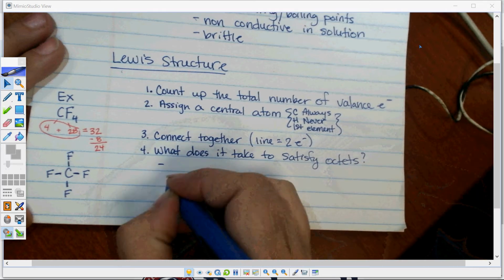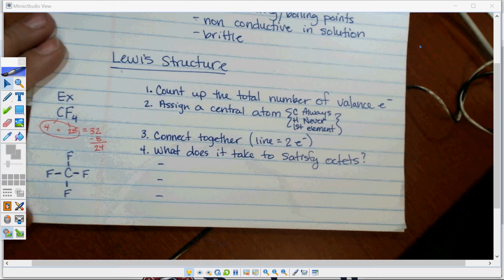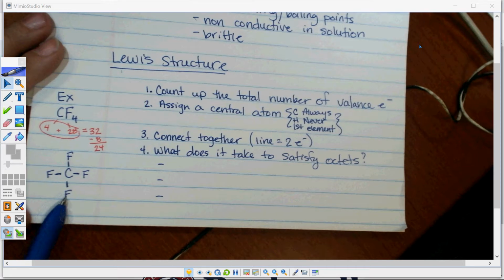And there's three subparts to this. So if I look at this structure as I have it drawn so far, this fluorine is sharing 2 electrons, but remember the goal is to get everything to a total of 8 electrons. So if this fluorine is sharing 2, that means it would require 6 more to give it 8.